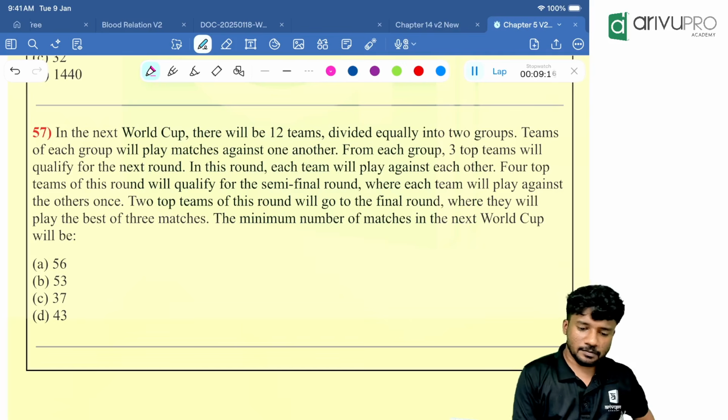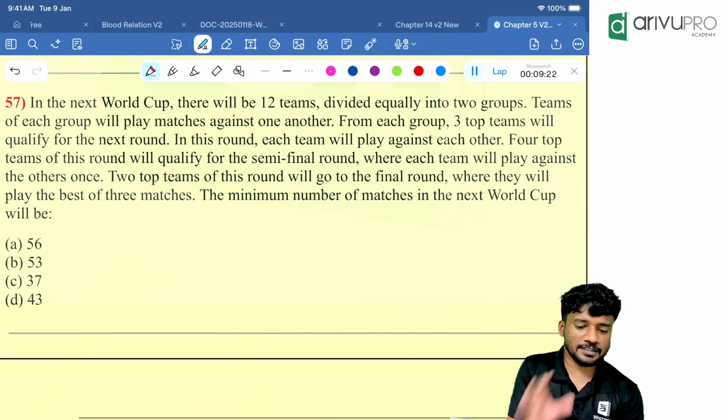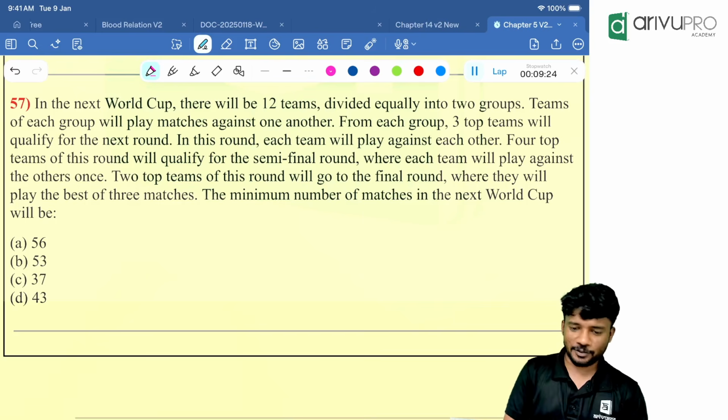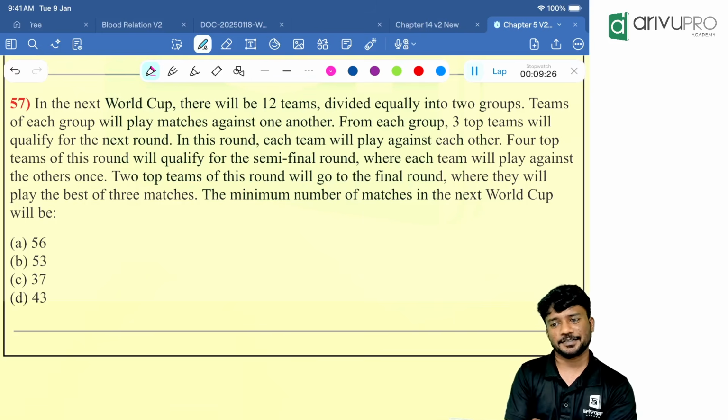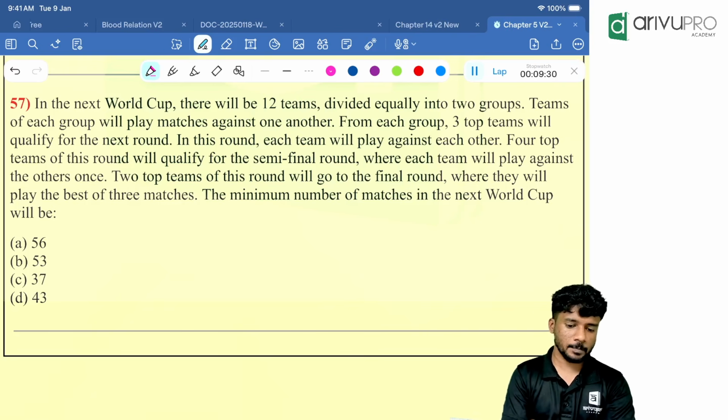Solve this, people. I'll be happy if you solve this. Try to solve this. Anyway, in this time of World Cup, this is a very good question to be asked. Yes. Try, people. Try. Final question. Okay. Yeah.